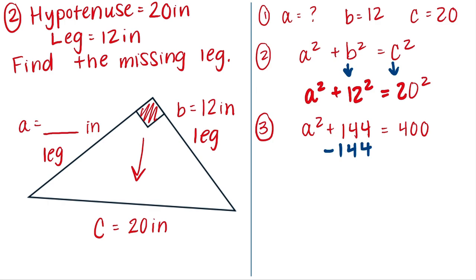So instead of plus 144, I'll do minus 144. And if I do it to one side of the equation, I have to do it to both sides. Because adding 144 and then subtracting it will give me 0. So I'll be left with just a squared. And 400 minus 144 is 256.